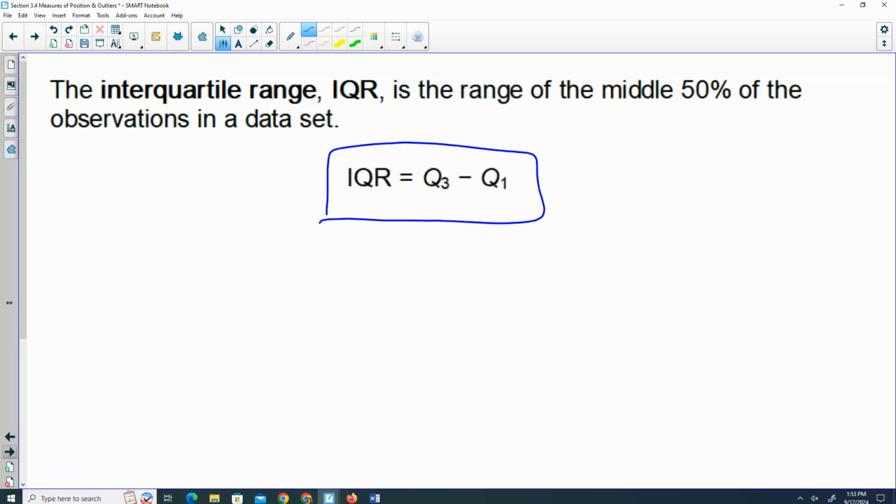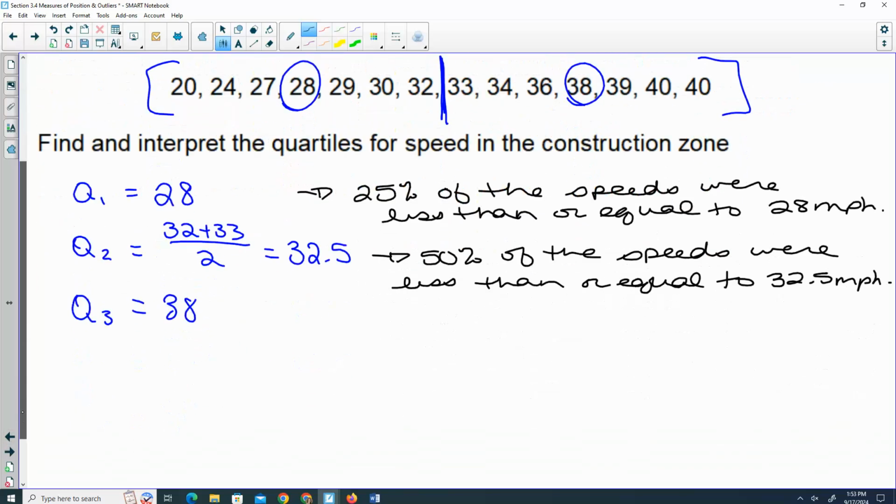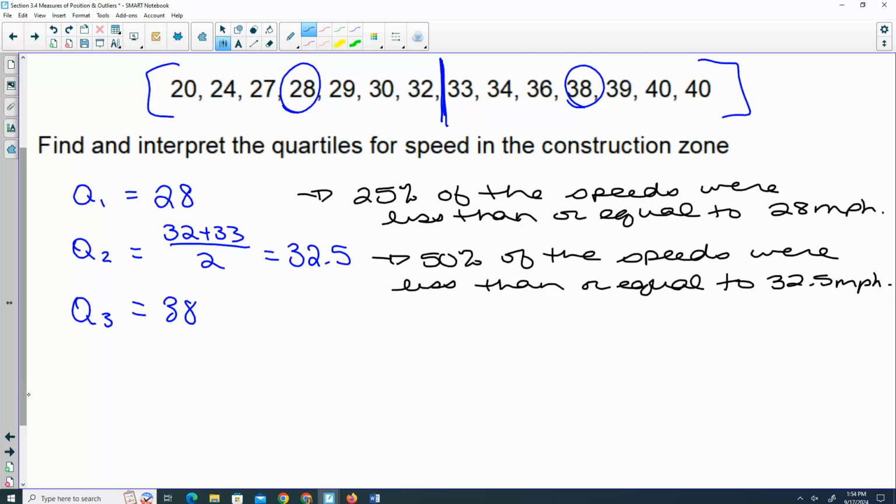So if I asked you to find the interquartile range of our data, that's quartile 3, which was 38, minus quartile 1, which is 28, and we get 10. So our interquartile range is 10.